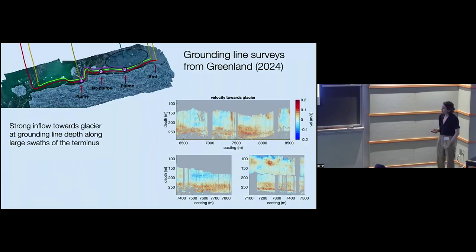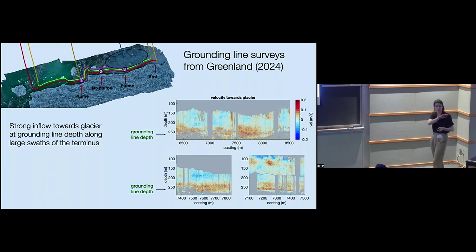And so some further evidence for this idea actually comes from the Greenland project I mentioned, where we have better observations right down at the grounding line depth. These are just a few snippets from, again, a different site, but what you're looking at is velocity down near the grounding line depth, about 260 meters, and red here is inflow towards the glacier.